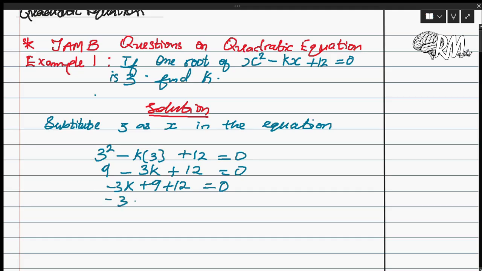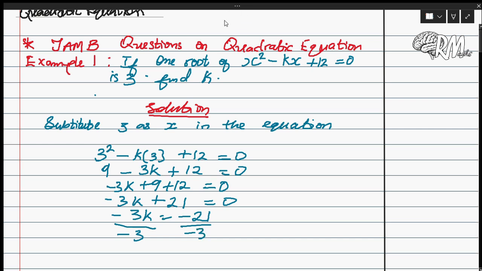Then minus 3k plus 9 plus 12 is 21 equals 0. And finally minus 3k equals minus 21. For me to find k, I have to divide by the coefficient of k, which is minus 3. So I'll divide here by minus 3 and divide here by minus 3.